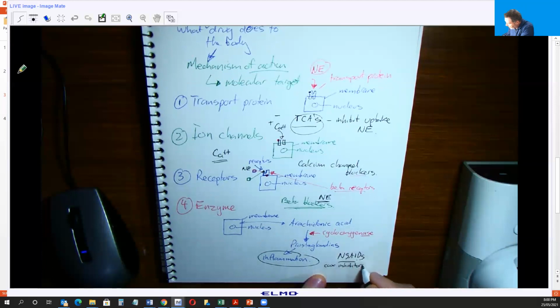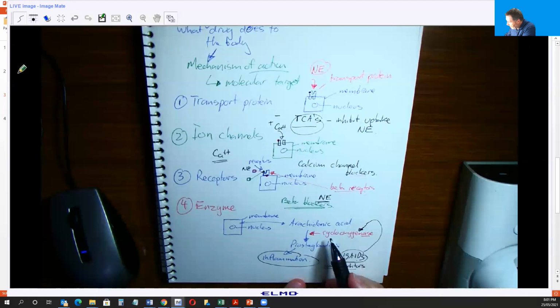That means what NSAIDs do is they come in and bind to the cyclooxygenase enzyme and prevent its proper functioning.